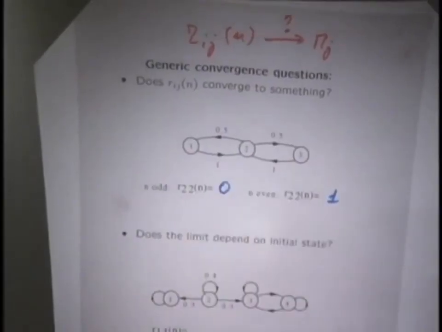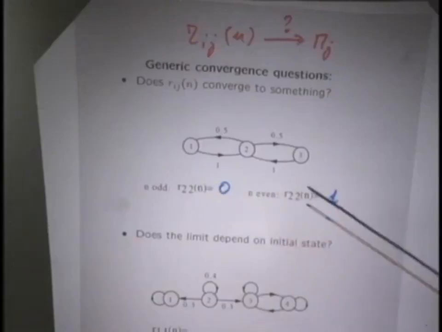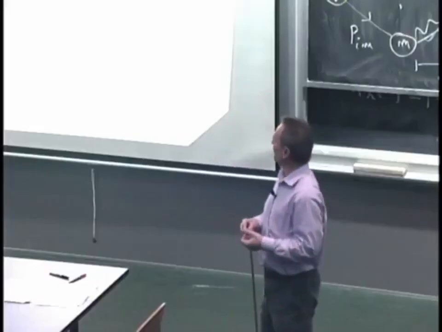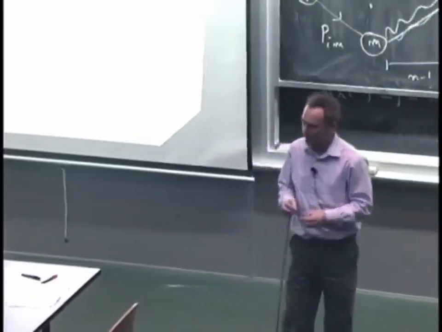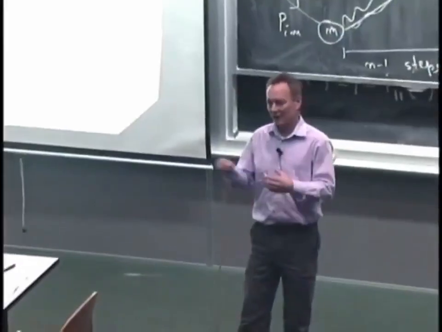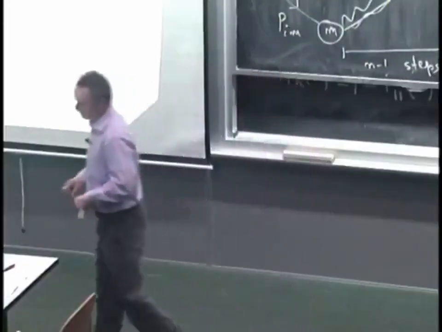As n goes to infinity, this probability, the n-step transition probability, does not converge to anything. It keeps alternating between 0 and 1. So convergence fails. This is the main mechanism by which convergence can fail: if your chain has a periodic structure. And we're going to discuss next time that if periodicity is absent, then we don't have an issue with convergence.